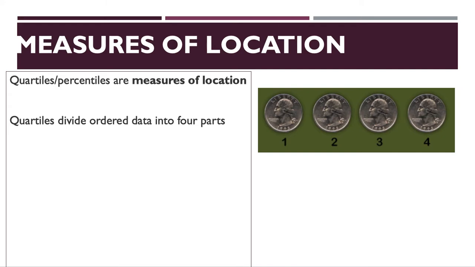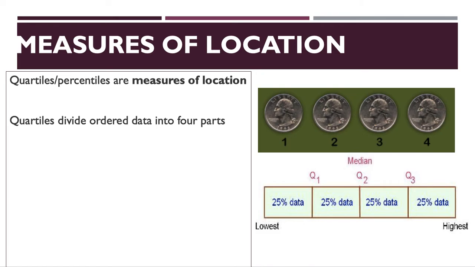In the same way, when quartiles divide a data set into 4 parts, each part represents 25% of the data set. So the first quartile, or Q1, means you've reached the first 25% of all data values.